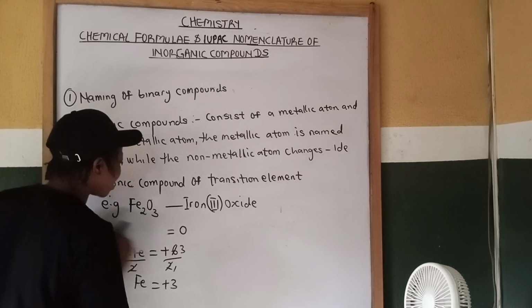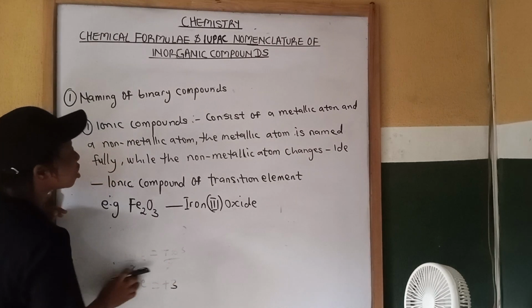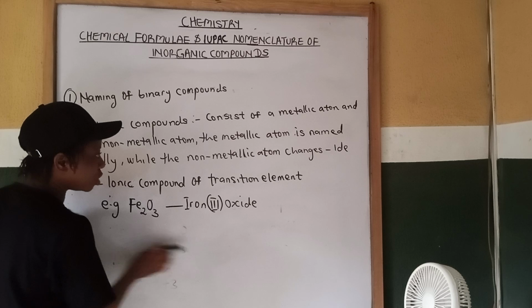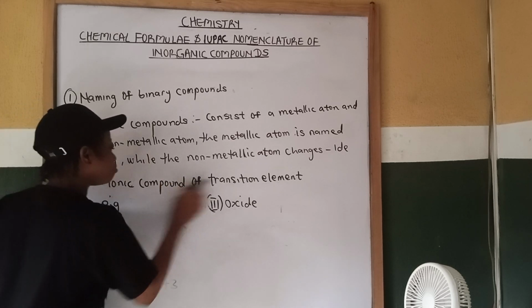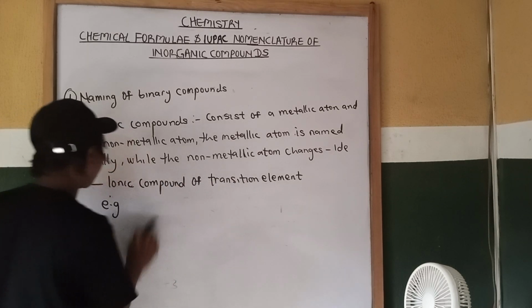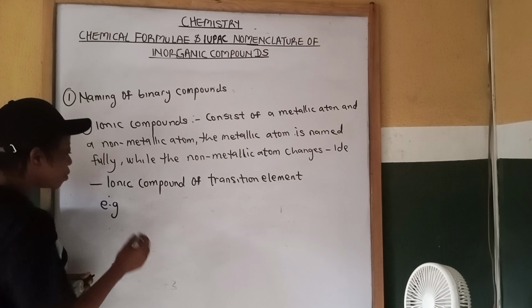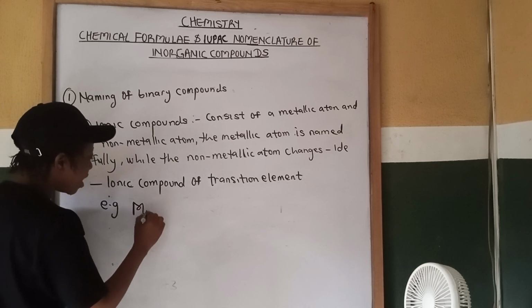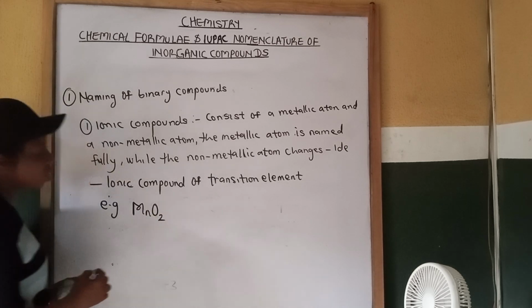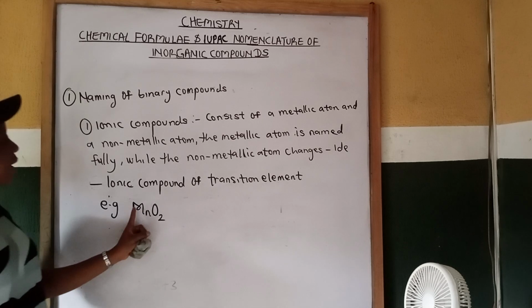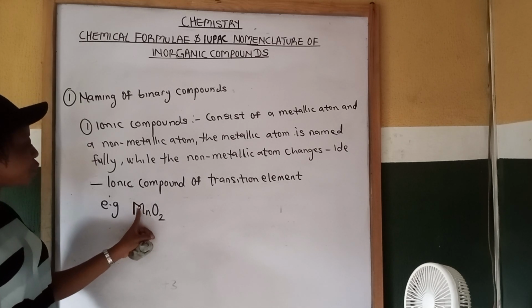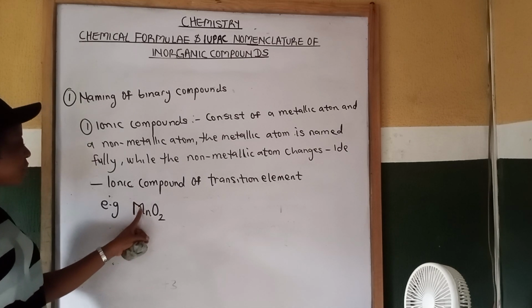Now let's take another example under ionic compounds of transition elements. Let's look at MnO2. Mn is the chemical symbol for manganese.